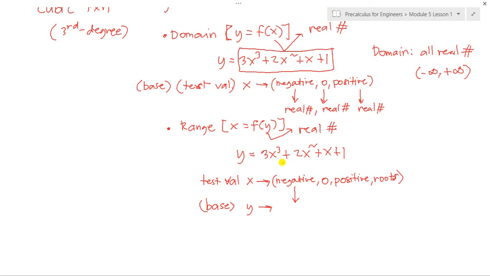Then, plus 2 times negative 100 squared minus 100 plus 1. So, my answer here is a negative number. Tama ba? How about the others? Nag-solve ba mo? Okay, negative. So, thank you sa pag-confirm.